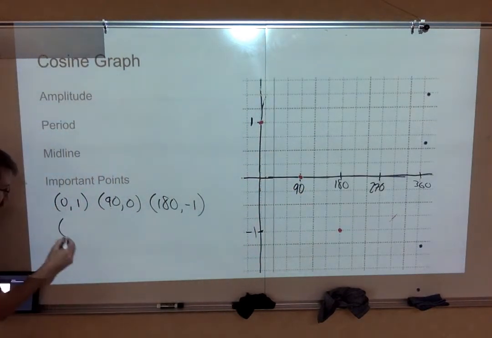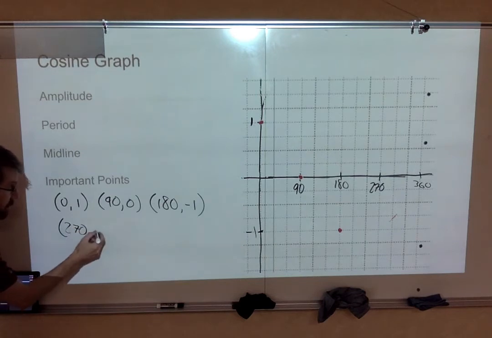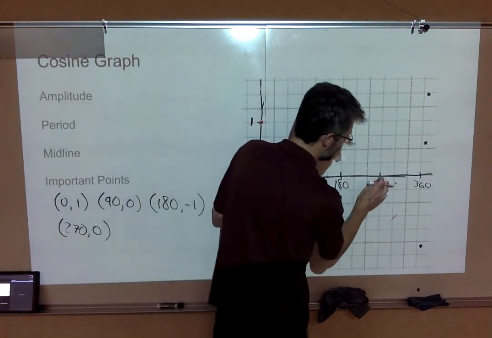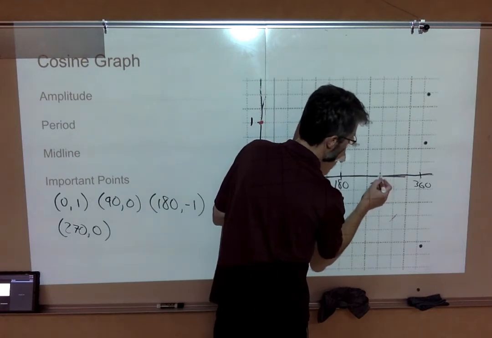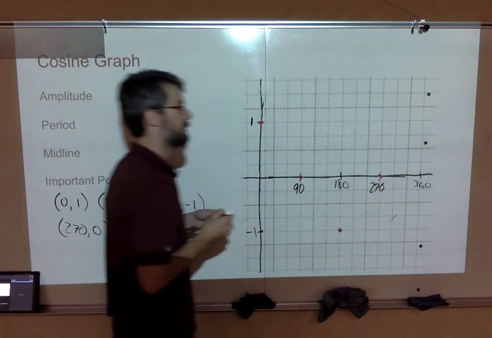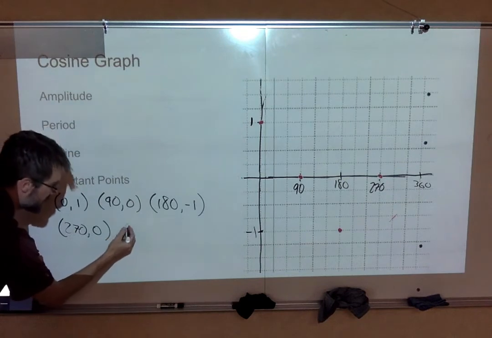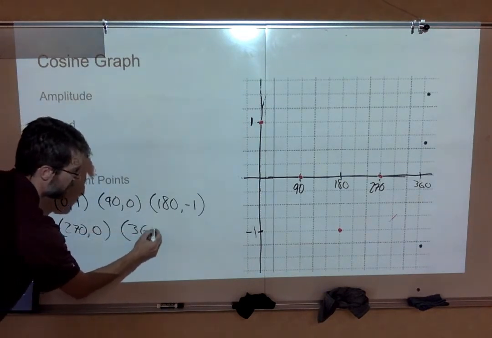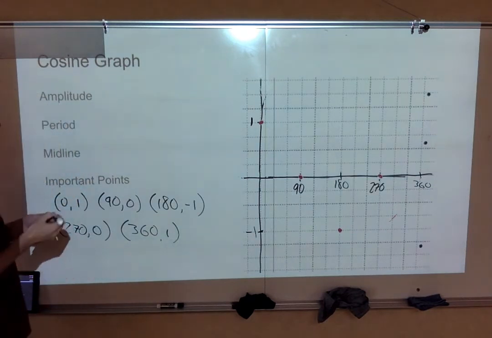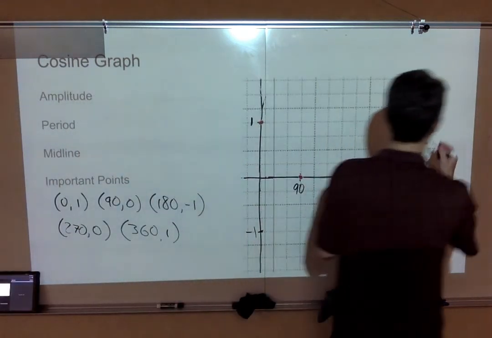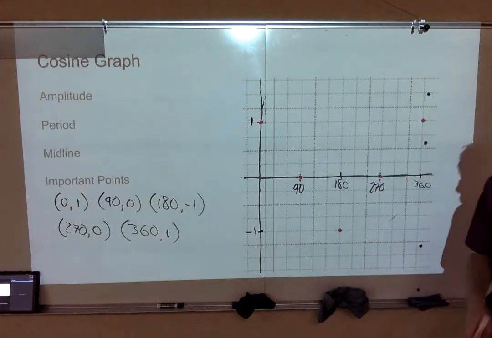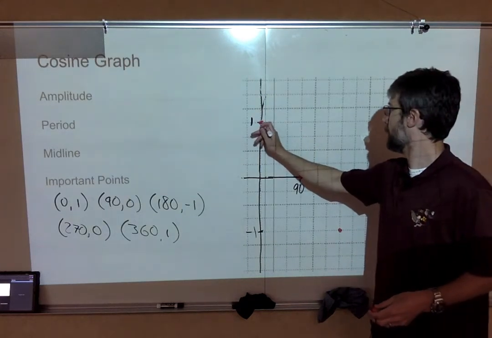Cosine of 270 is 0. So right about there. And then when we get back to 360, we're at the same height we started with, at a height of +1. All right. And that looks like this.